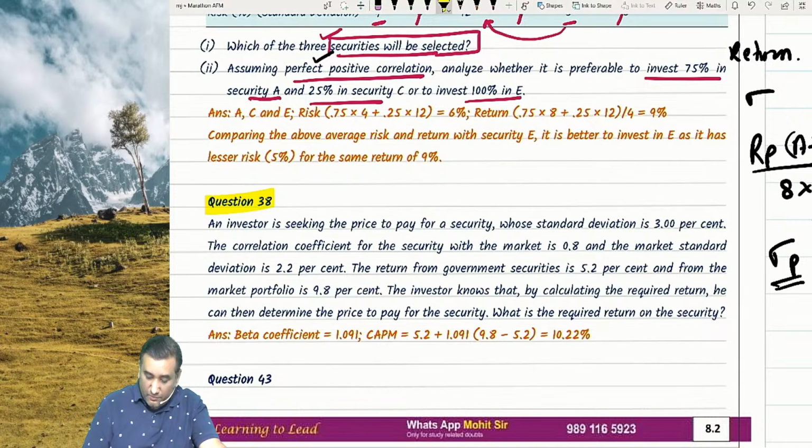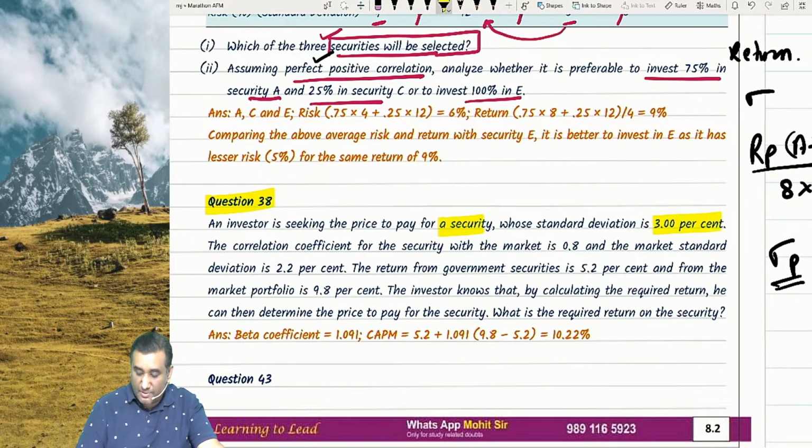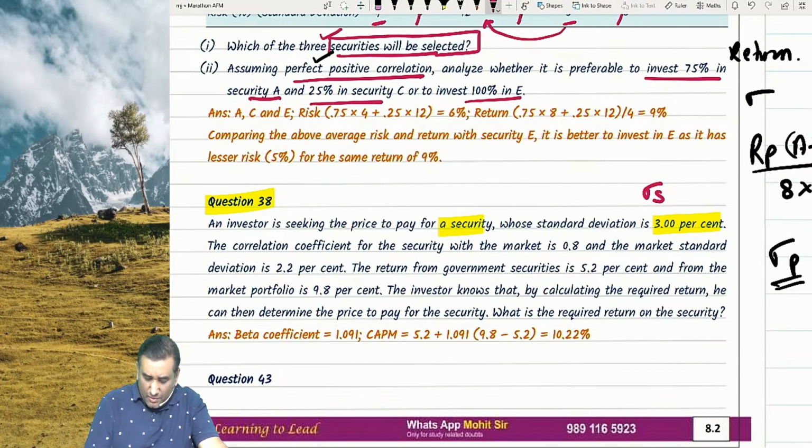Let me read out the numbers with you. An investor is seeking the price to pay for a security. Standard deviation is 3% of a security. This is standard deviation of S. Coefficient of correlation for the security with the market is 0.8.